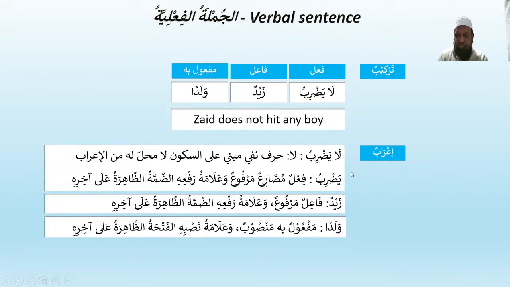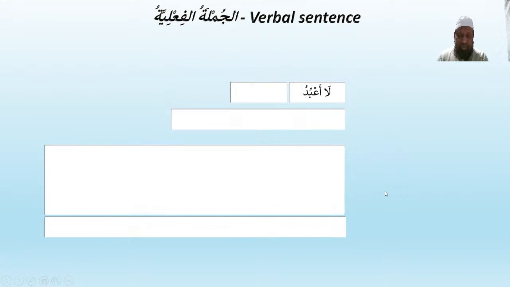Right. So let's see one or two other examples. لا أعبد. أعبد is فعل مضارع. To make it negative, we add the particle لا نافية. So it becomes لا أعبد. I don't worship.